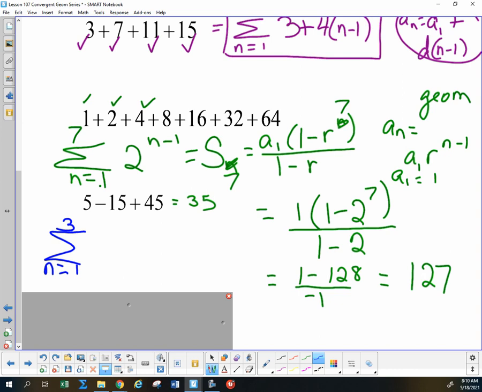And what's the common ratio? -3. So now I need to put in my a1 r to the n minus 1 for my terms to get this to sigma notation. First term was 5. And then you said that the common ratio was -3. So I'm going to have a -3 right here to the n minus 1. And there's that one in sigma notation.